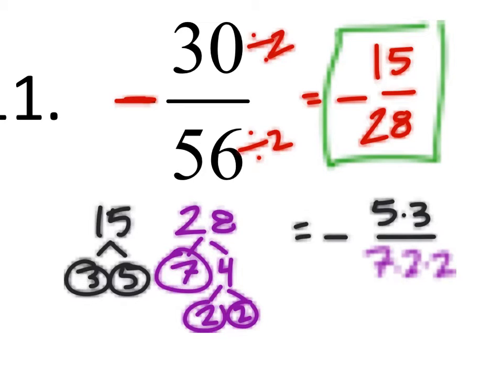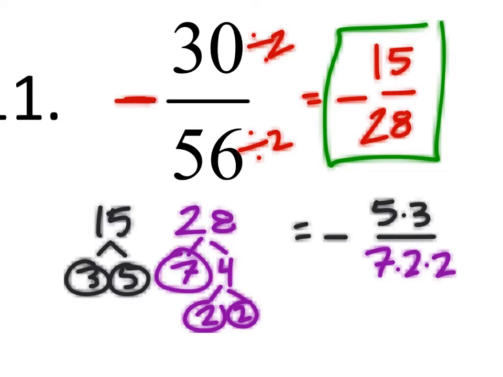So this is 7 times 2 times 2. See how there's no common factors between these two numbers? What that means is that there's nothing that we can divide by itself here. So that means that this can't be simplified, and that right there is our answer.